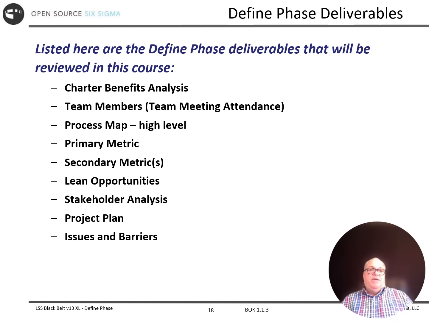And again, that's why we involve stakeholders. That's why we ask for resources before we start, so that we can minimize the number of issues and barriers that we might have going forward, like time to do the project, like access to the process, etc.